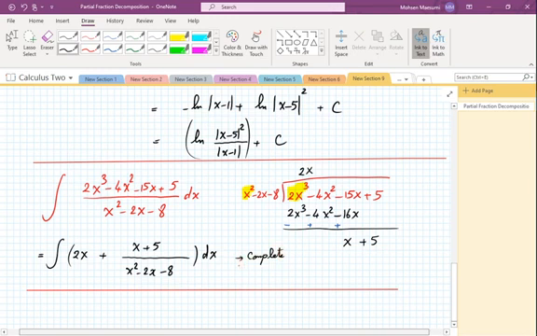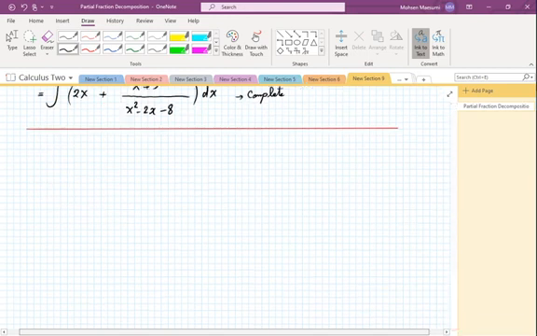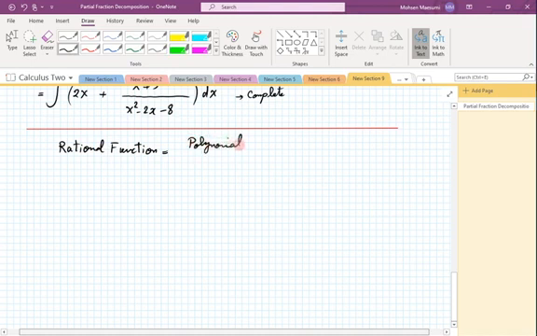So what's the idea of a partial fraction decomposition? We always have a so-called rational function. A rational function means a polynomial divided by some other polynomial.